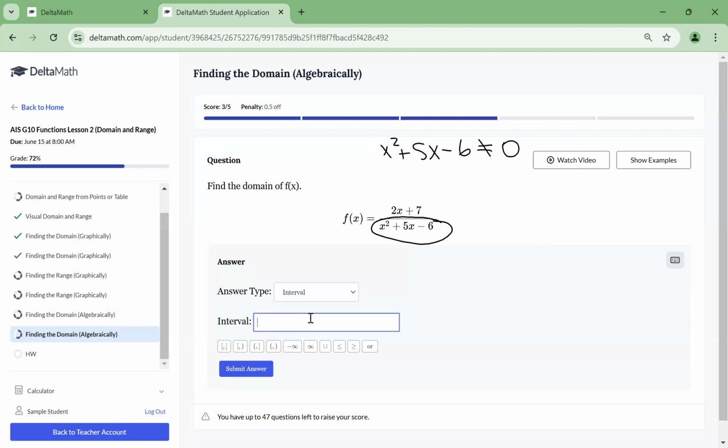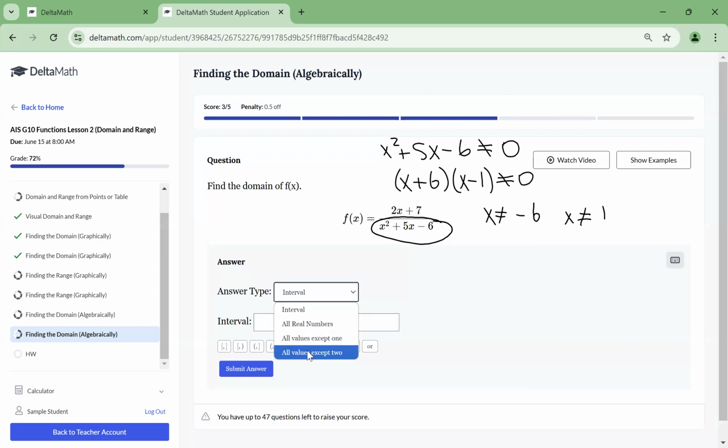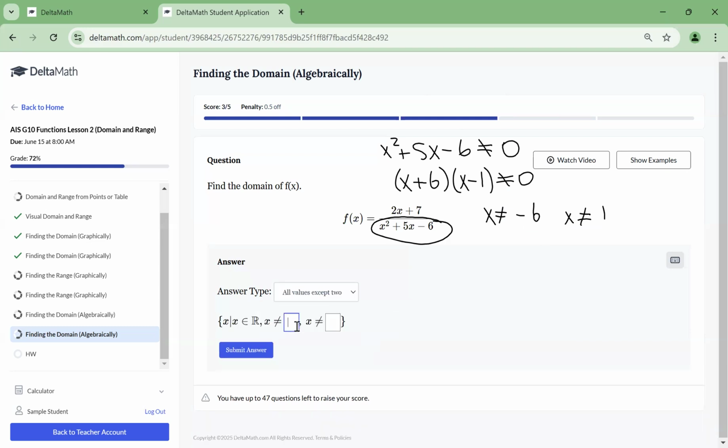So we have (x plus 6)(x minus 1) not equal to 0. So therefore, x is not equal to -6 and x is not equal to +1. So the answer type here would be all values except 2, where we put -6 in the first box and +1 in the second box.